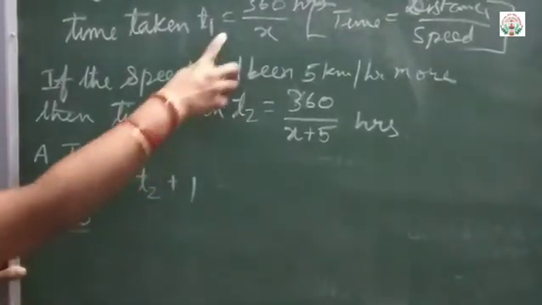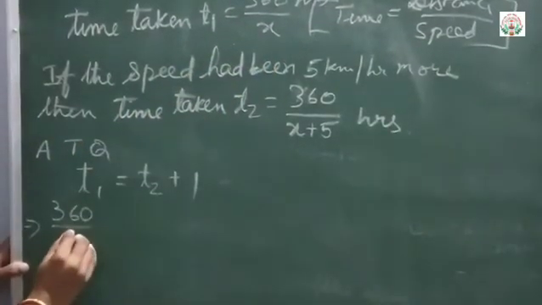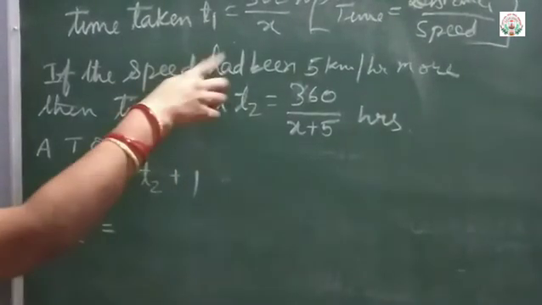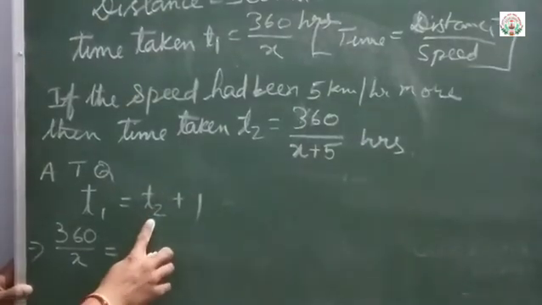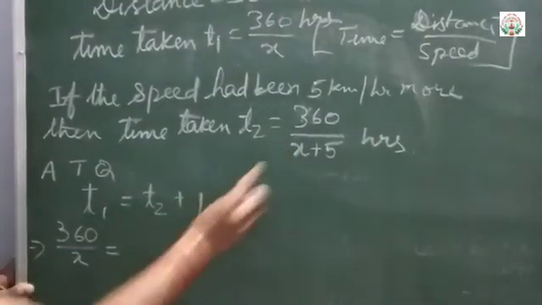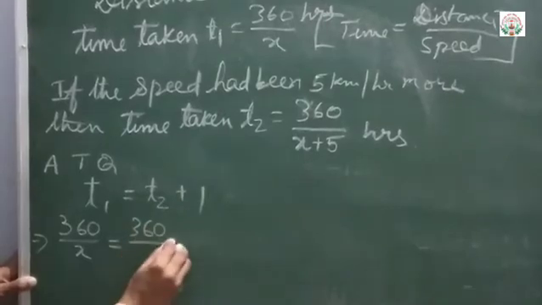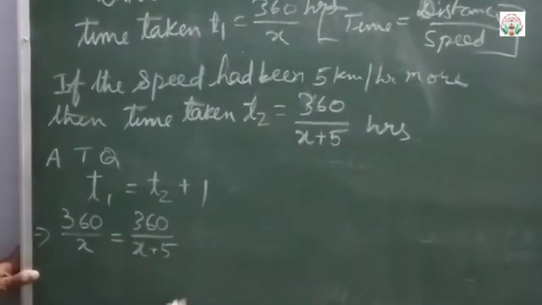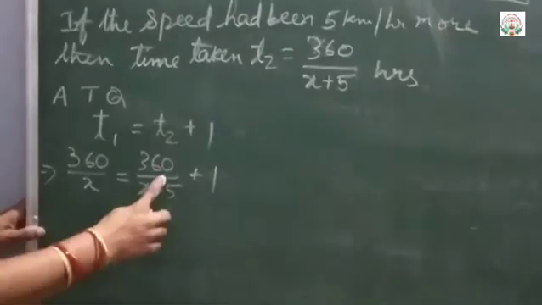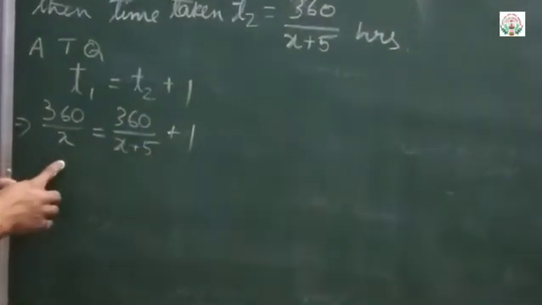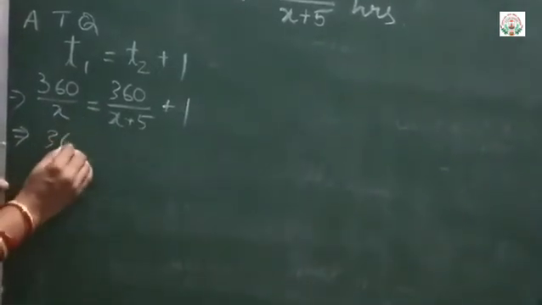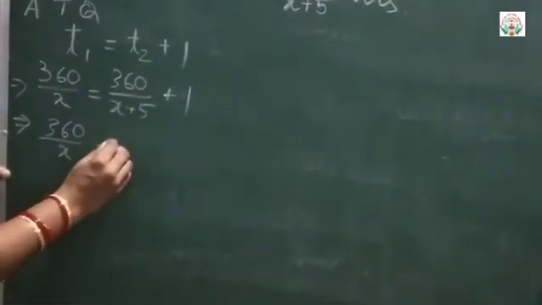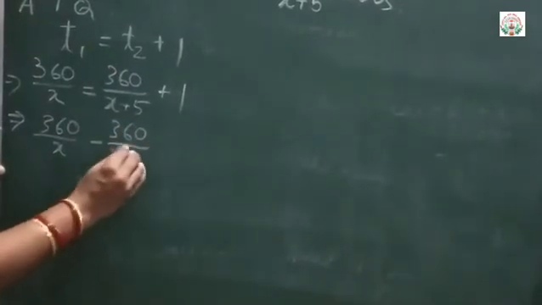T1 is 360 upon x, equals T2, which is 360 upon x plus 5, plus 1. Units are the same on all sides, so we won't write them. Now variables will be on one side and constants on the other side. So 360 upon x minus 360 upon x plus 5 equals 1.